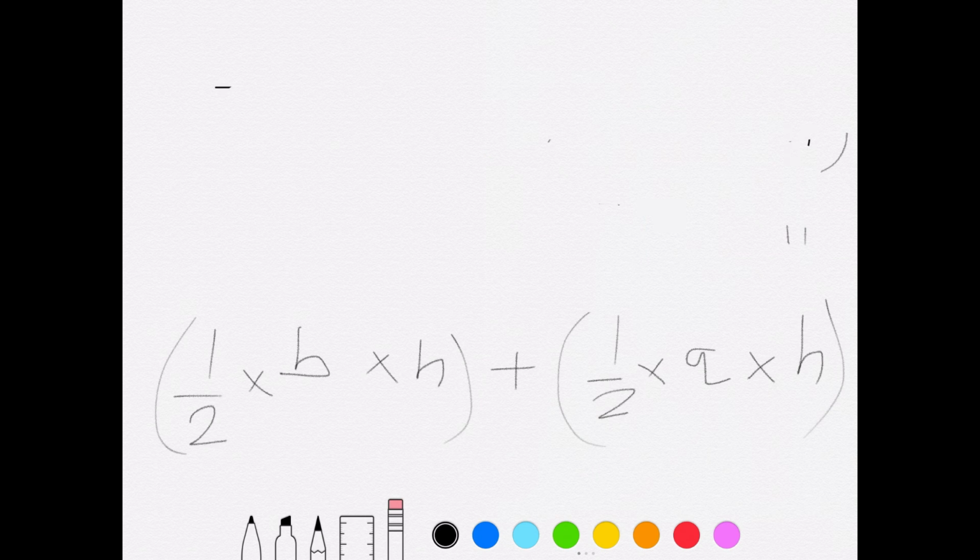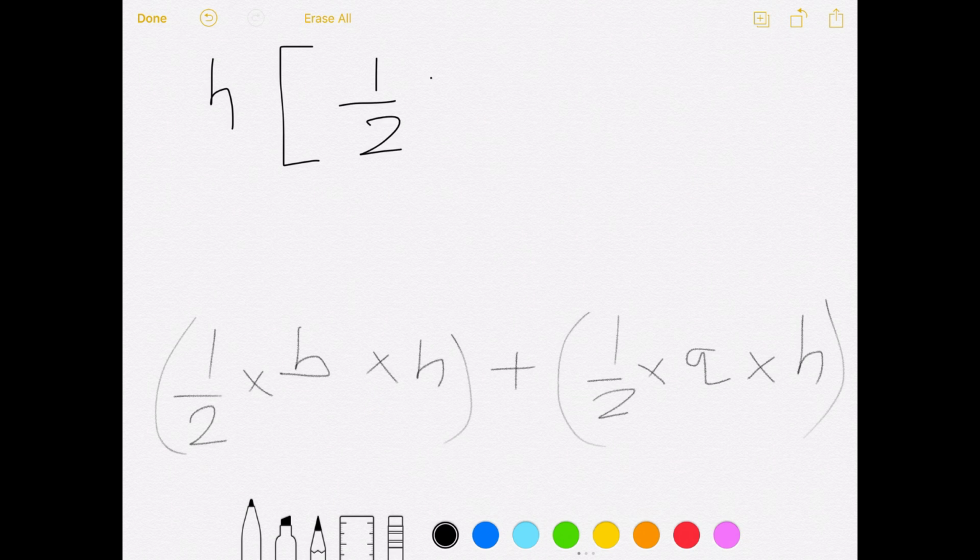Now from the given two brackets, do you see anything common? Yes, there is an H. So if you take out H as common, what is remaining in the brackets? It would be half into B plus half into A.